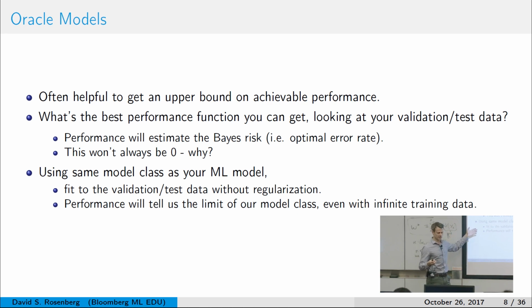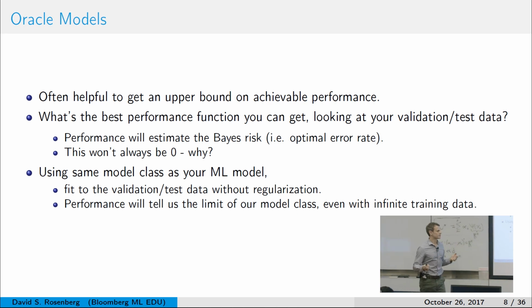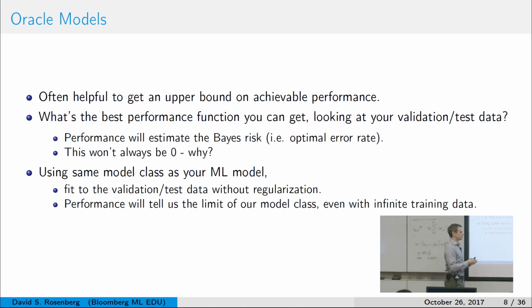So in some sense, that's getting at the approximation error of your hypothesis space. In other words, even if you had infinite training data, you're not going to be able to do as well as the model that fits directly on the validation data.